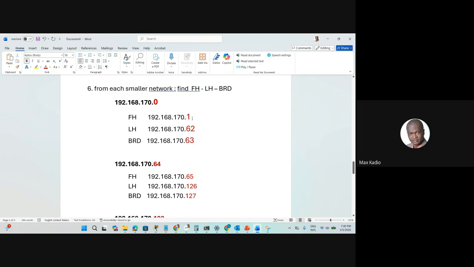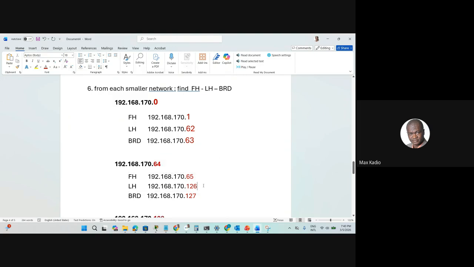Maybe the second one. You have a second one because if you take this network, it starts with 65 and ends with 126. So it means 111 is somewhere here.